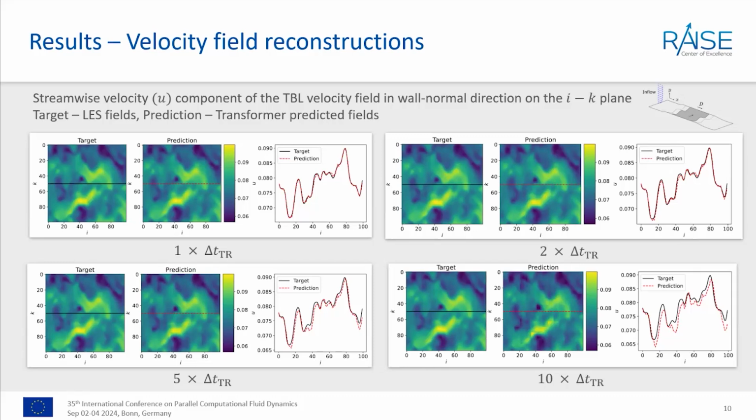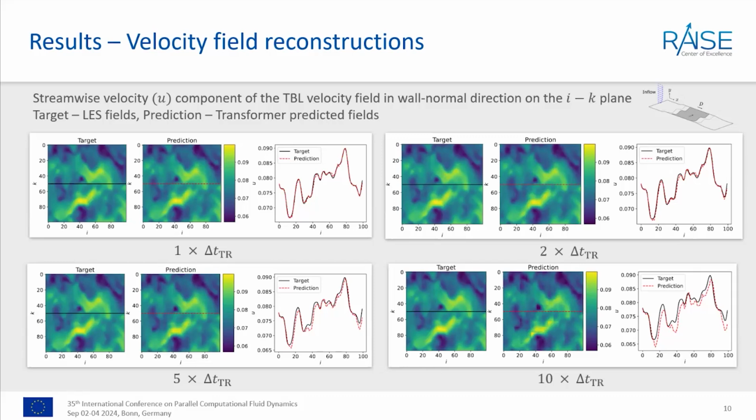These are some qualitative results. Here you see these 2D plots, which are plotted on a plane parallel to the wall. You see the wall here. These are for different values of delta TR, the transformer time step I was talking about. As you can see, as we increase the delta TR, our predictions become worse.